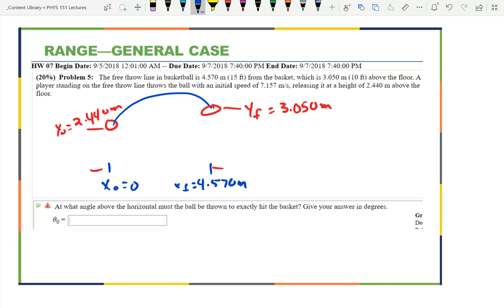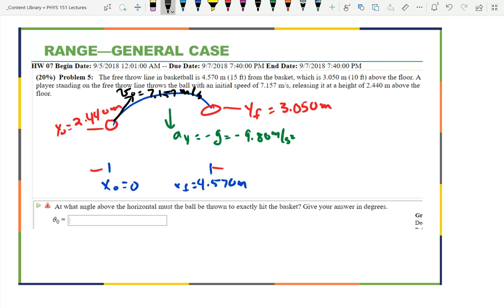There are 2 more things I know, one that's given and one that is implied. What's the given? The ball's thrown with an initial speed of 7.15 meters per second. And the one that's implied is... now what do I need to add to my picture?